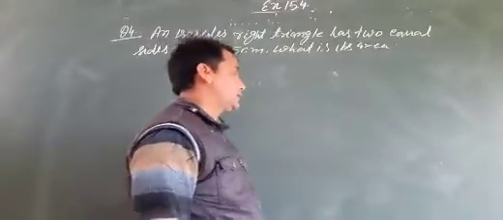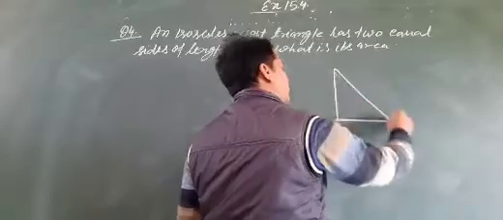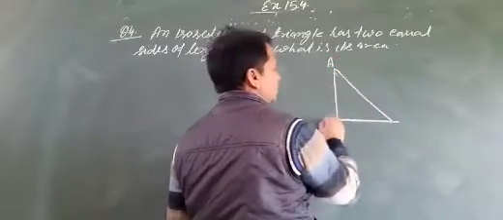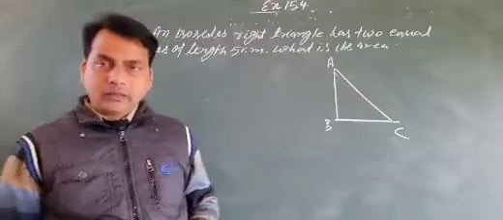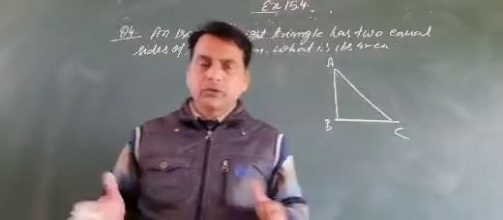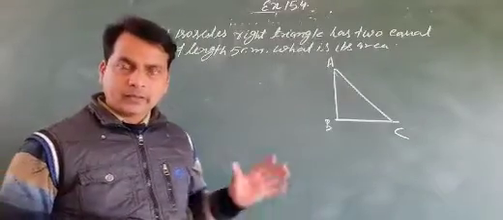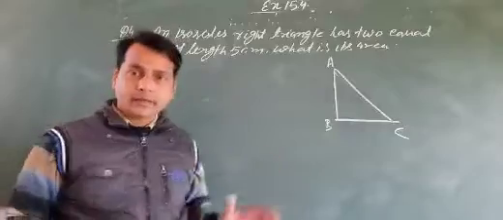What is its area? So now suppose triangle ABC, and we know that a triangle having two sides equal is said to be an isosceles triangle.